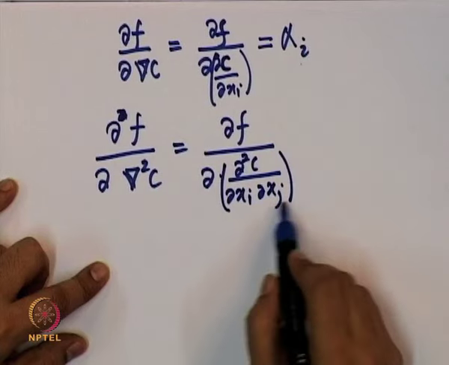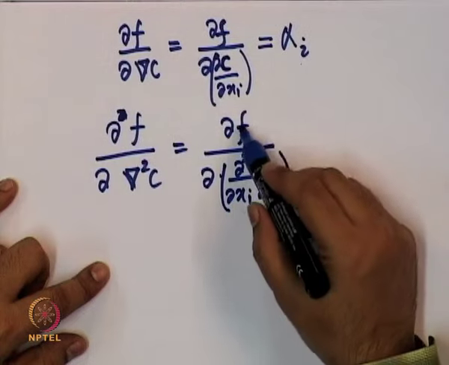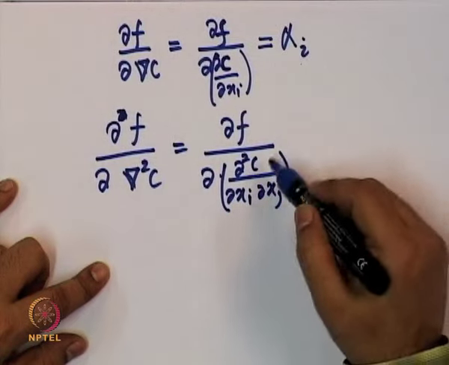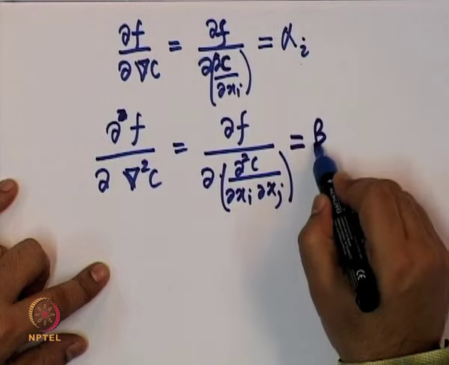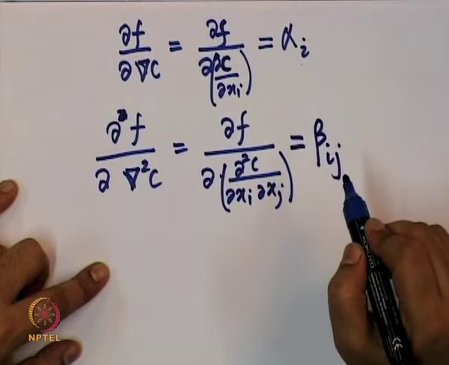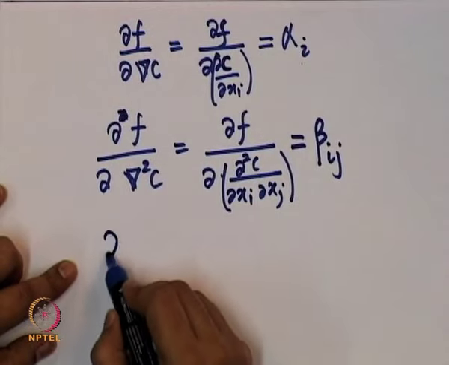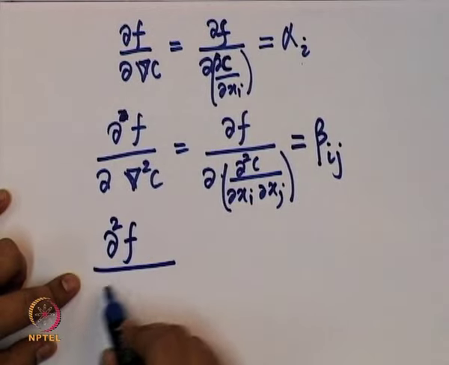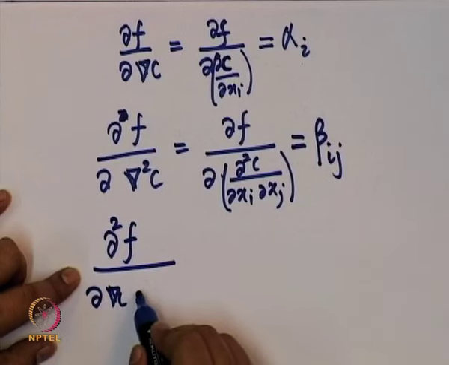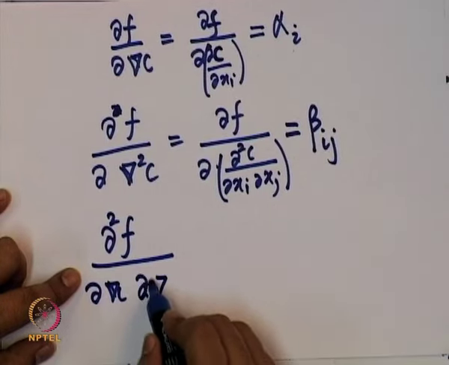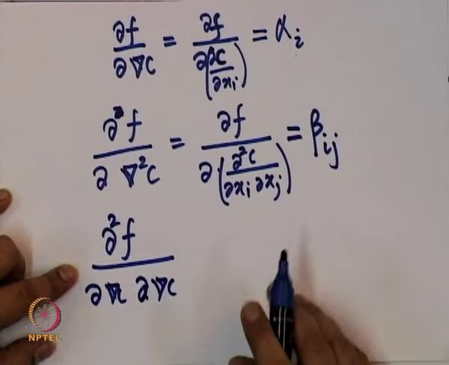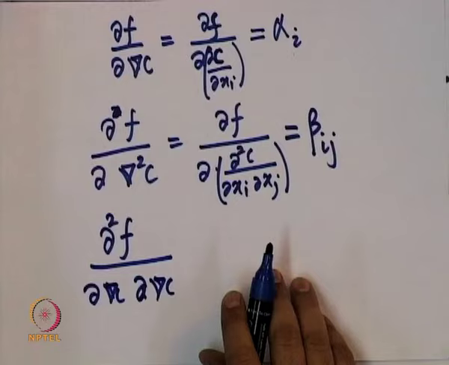So, this is a quantity with two indices, and so this scalar when it is differentiated with respect to two indices is going to give me a second rank tensor, let me call it beta ij, and then I have another second rank tensor. Okay. Now, I have made a mistake here in the earlier version.